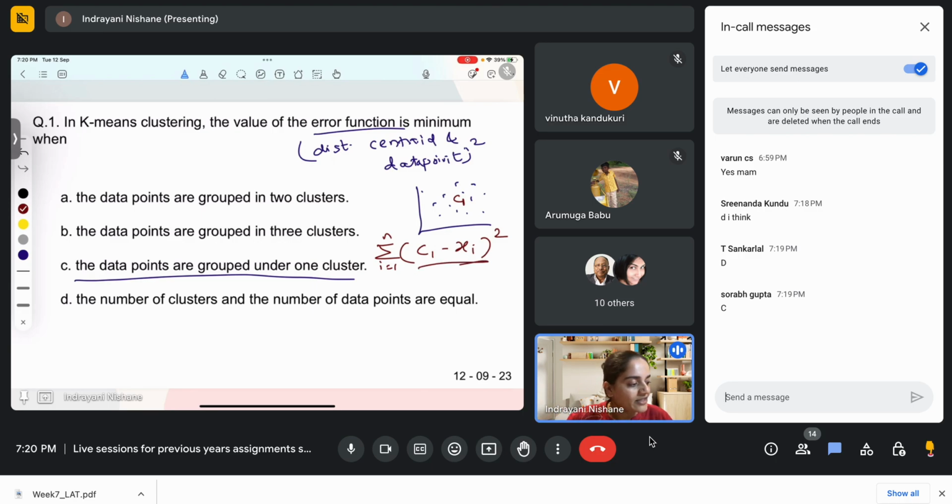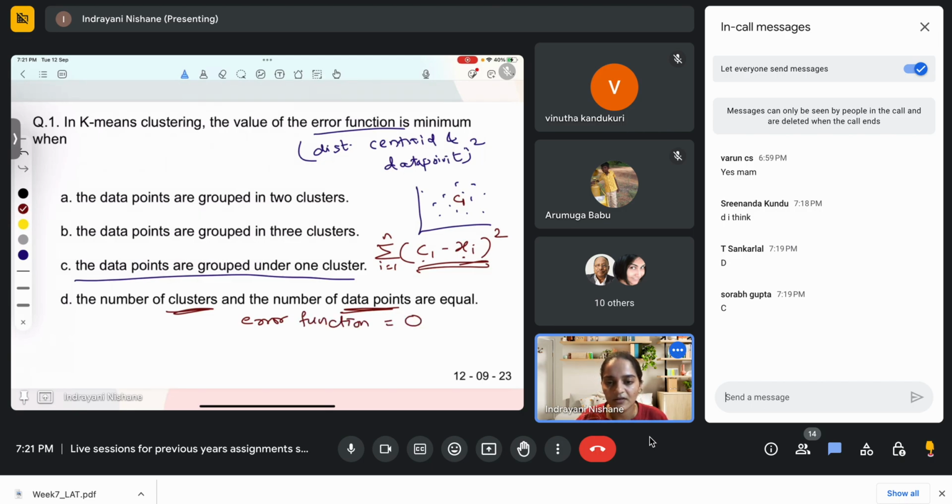When will the difference between the data point and the centroid be minimum? When that data point itself is the centroid, right? So the number of data points and the number of clusters are equal. Each individual data point will be a cluster in itself. At that point, the distance between that data point and centroid will be 0. So this error function will be 0 in this case.